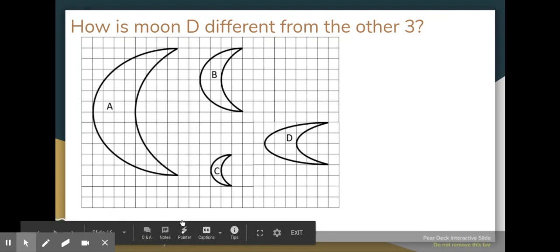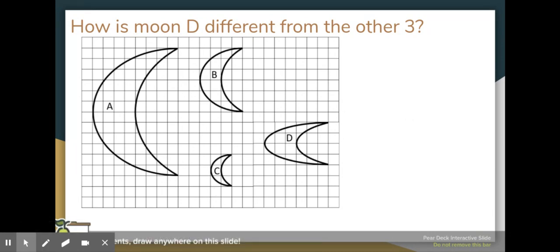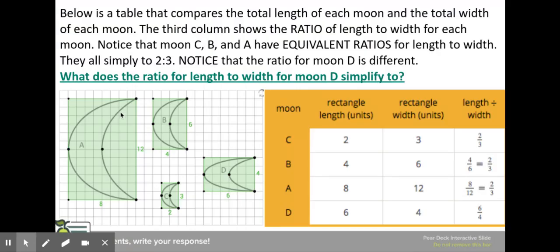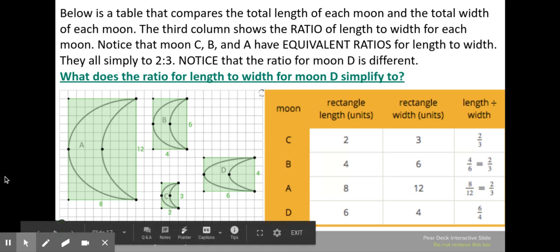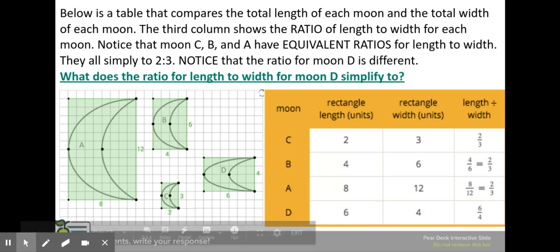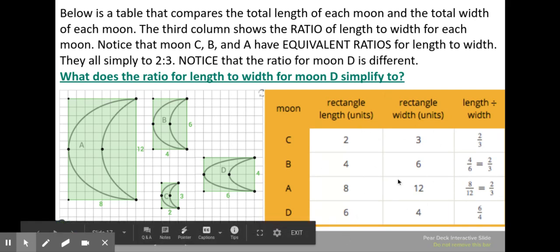How is Moon D different from the other 3? Okay, so we can use ratios to actually describe how Moon D is different from the others. A, B, and C are scaled copies. D is not. Below here, we have a table that compares the total length of each moon and the total width of each moon. Right, so we have the length and the width.